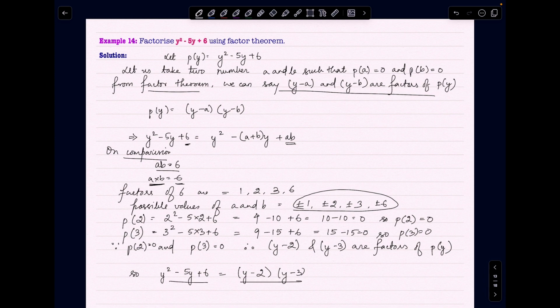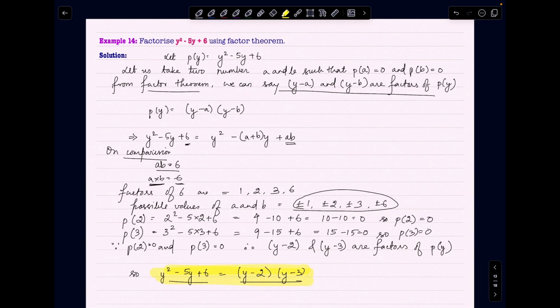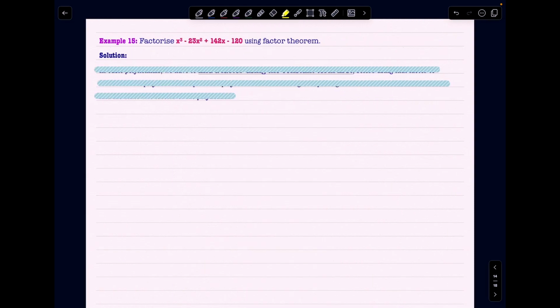Okay, got my point? This is the answer. This is how you use factor theorem.